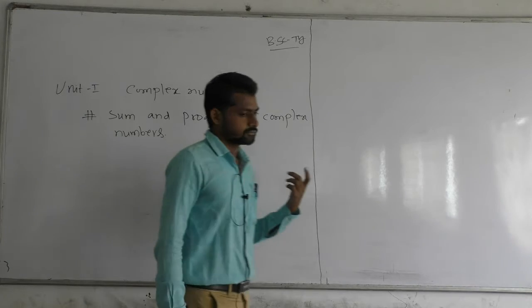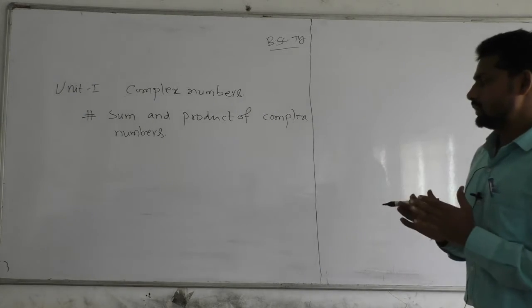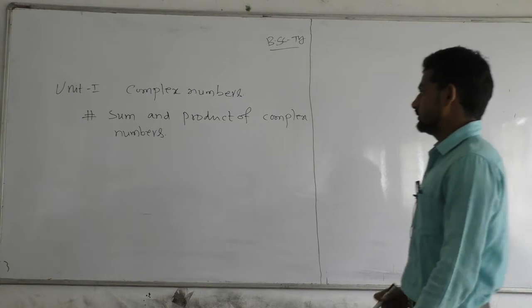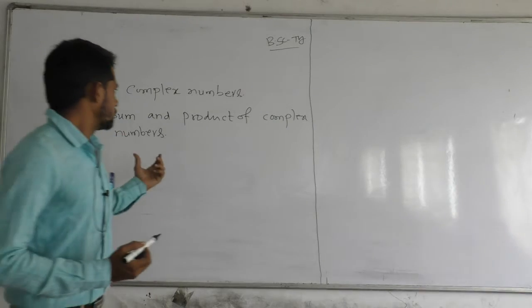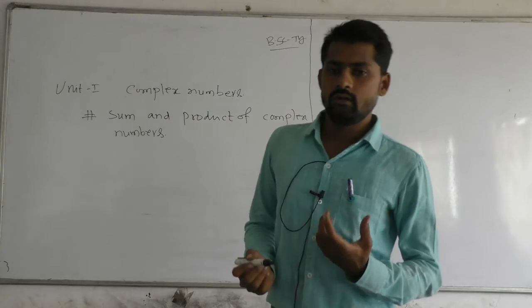That is, we are going to discuss how the sum of two complex numbers is going to be done and the product of two complex numbers is going to be done. So, before we start this unit first, you must know what is meant by complex number.